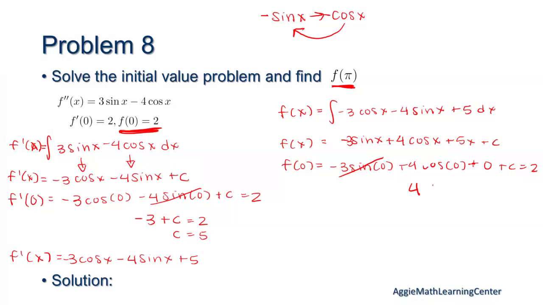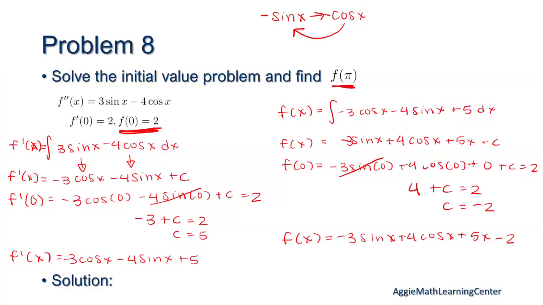Then plus c equals 2, so c equals 2 minus 4, which is negative 2. So now I know that f of x equals negative 3 sine of x plus 4 cosine of x plus 5x minus 2.